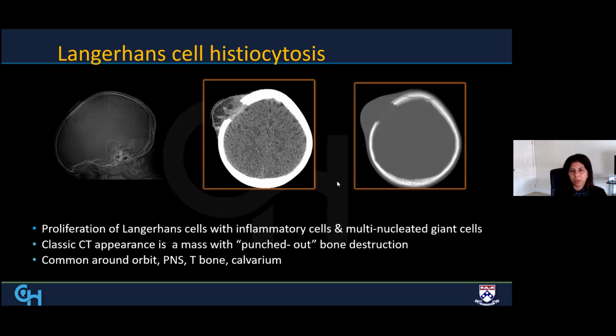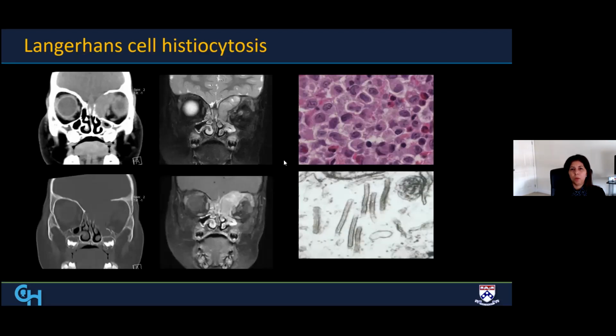This is an example of when they're solitary, they used to be called eosinophilic granuloma, and they produce these lytic geographic areas of destruction in the calvarium. Another site, which is very common, is the orbit. Again, notice the very clean margins of destruction. It's a common location to see it. So when you see this very clean destruction in a young patient with an orbital lesion, then think of Langerhans cell histiocytosis.